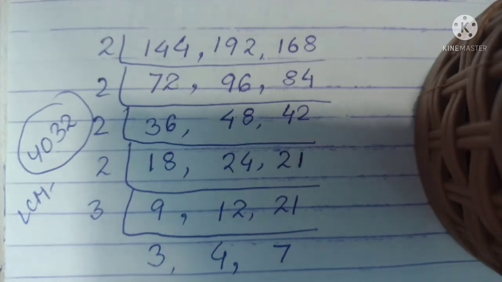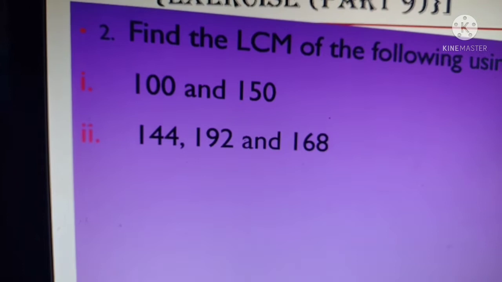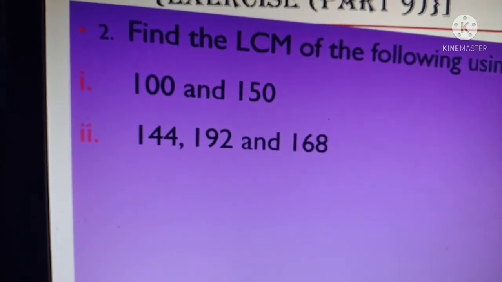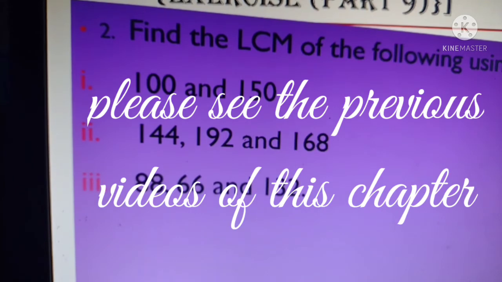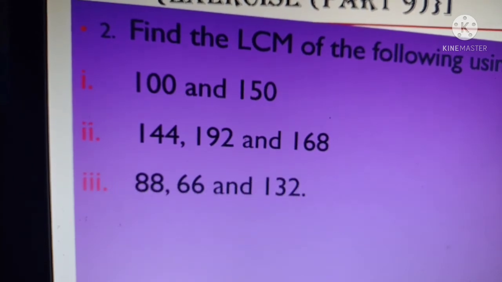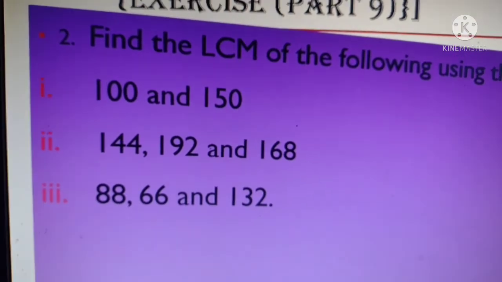So now let's move on to our next numbers. Let's observe the next numbers. They are 88, 66 and 132. Again we have to follow the same process as we have seen for the above two.